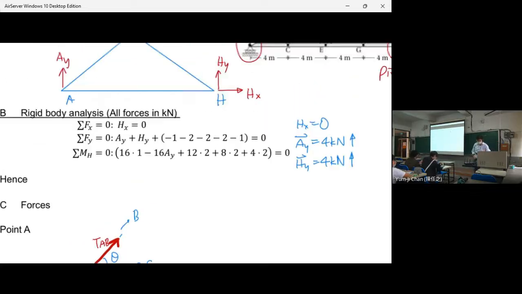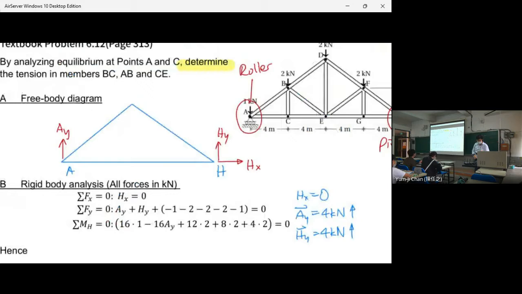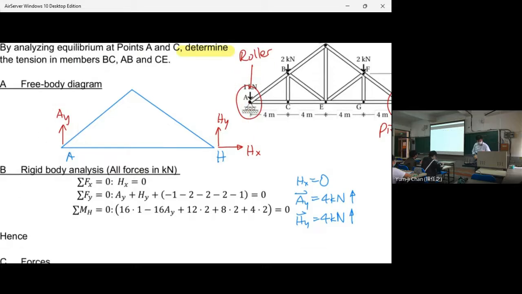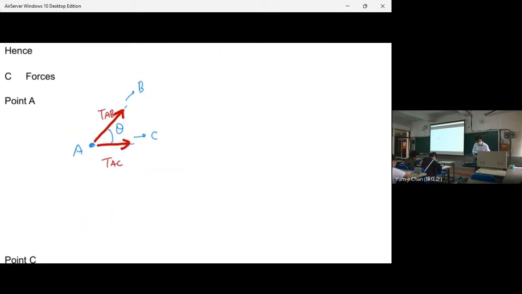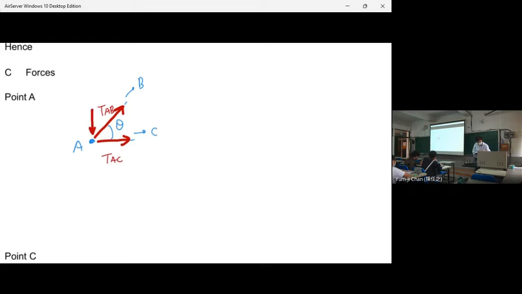We have 1 kilonewton there, 1 kilonewton here, and then we have AY here. AY is 4 kilonewton.